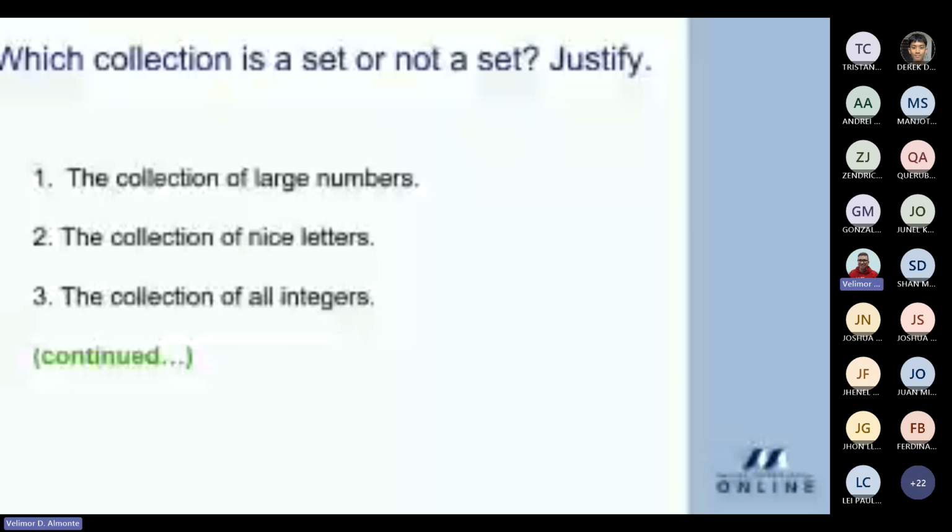So, number and then answer and then justify. For example, number 1 is not a set because there is a word there that is vague. Number 2 is not a set, and number 3 is a set.